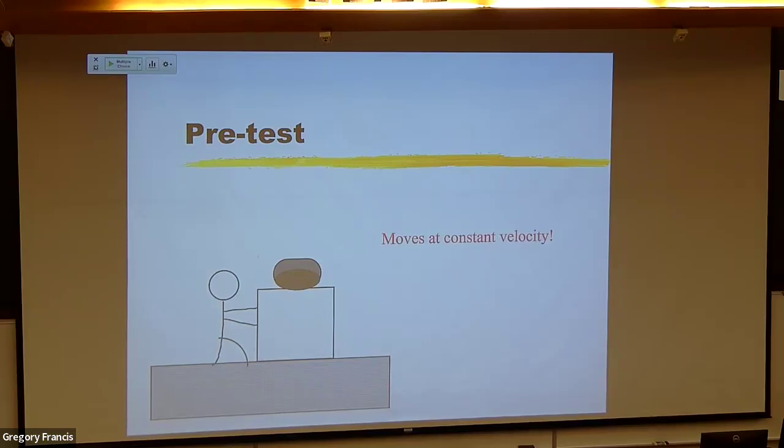Any force you believe is on your free body diagram, put it on there.